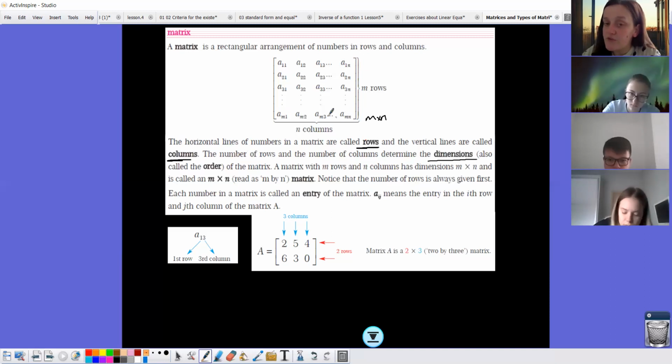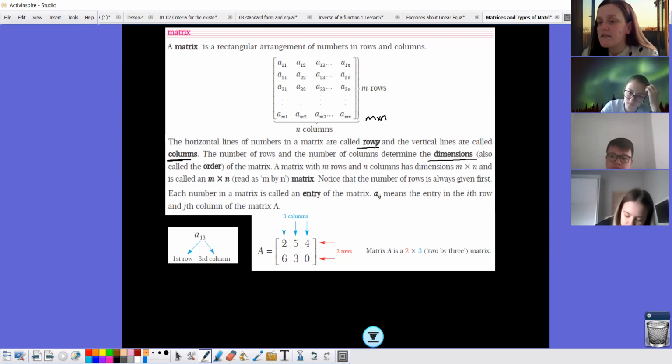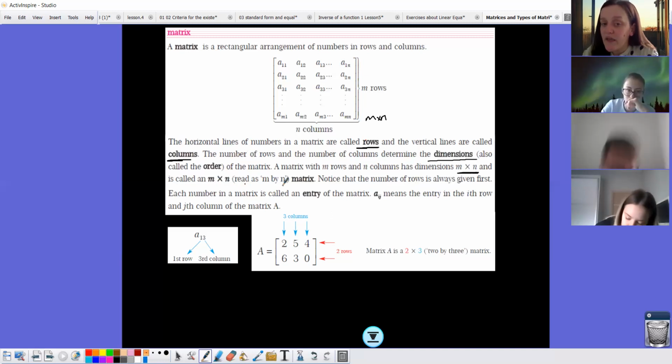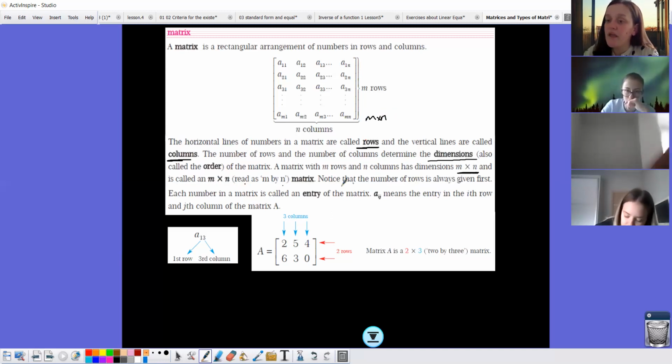How many rows and columns you have will give you the dimensions. So a matrix with m rows and n columns has dimension m times n. This is read as m by n matrix.